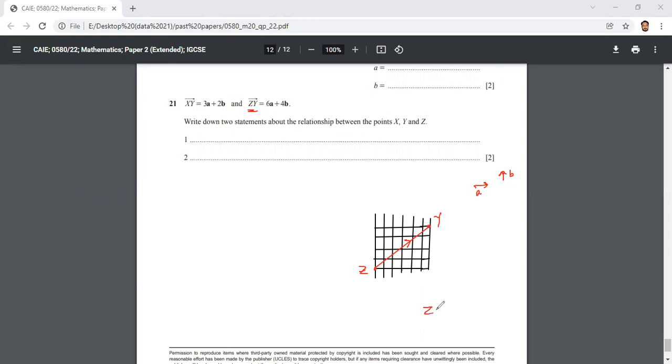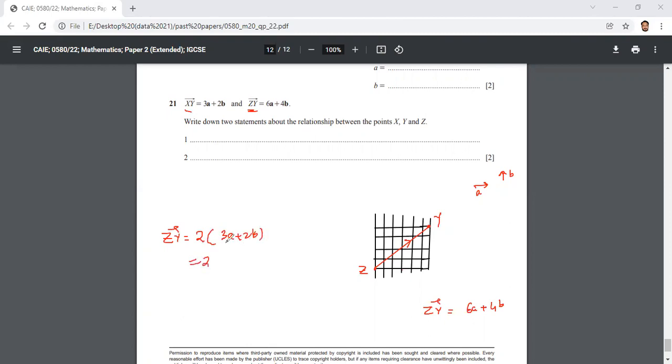So we have zy equal 6a plus 4b. Now, what is xy? It is 3 units right and 2 units up. They did not mention it starts from exactly z, but if you think about it carefully, zy is equal to 2 times (3a plus 2b).